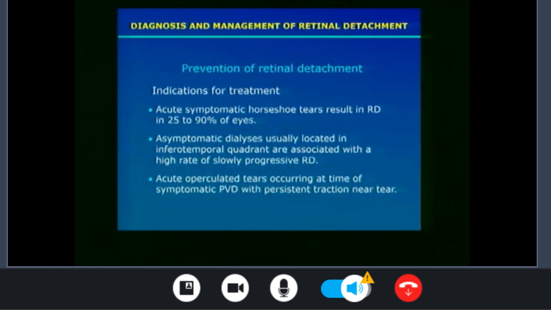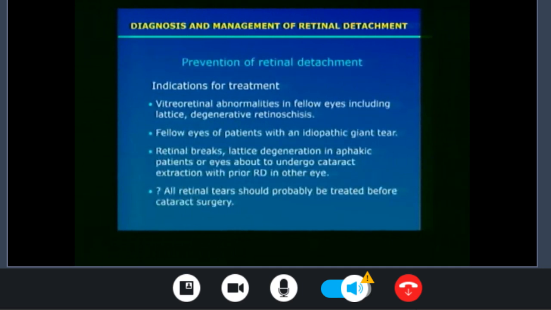Acute operculated tears. What do I mean by operculated tears? The flap is totally separated. Acute operculated tears occurring at the time of symptomatic BVD with persistent traction near the tear might need treatment. The fellow eye of idiopathic giant tear needs treatment.